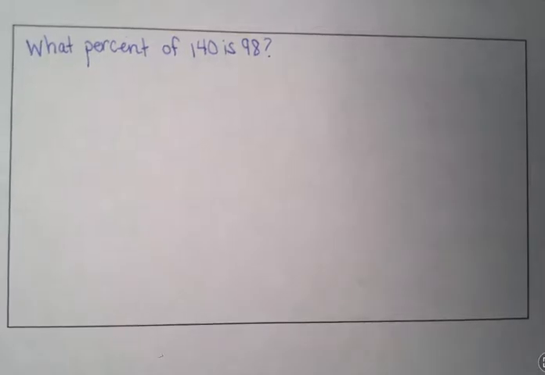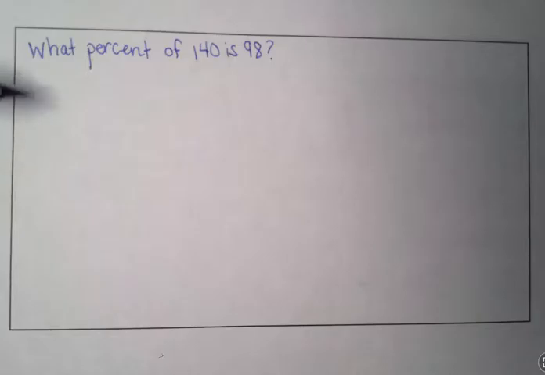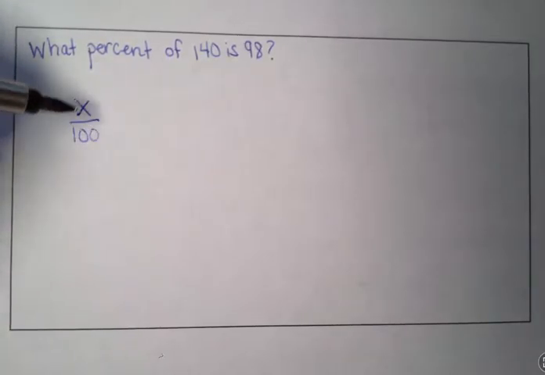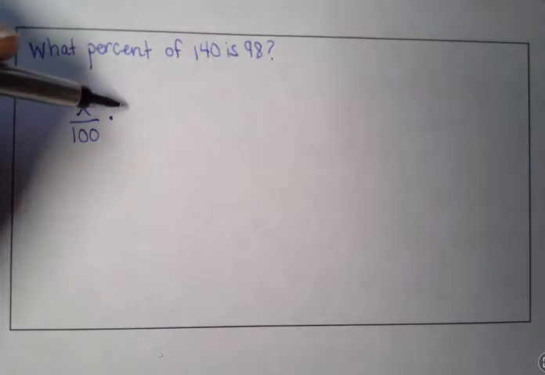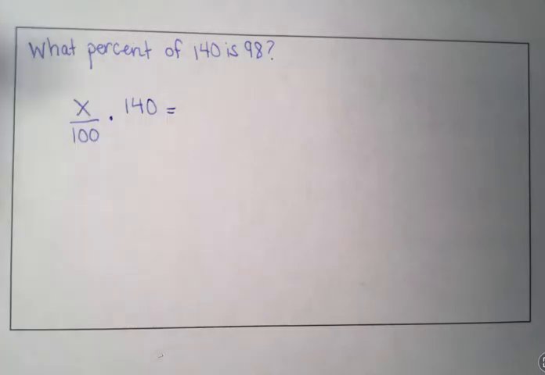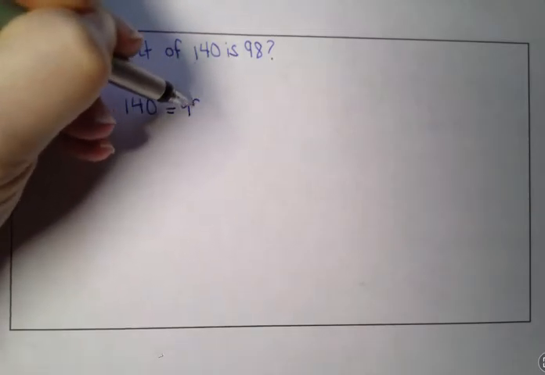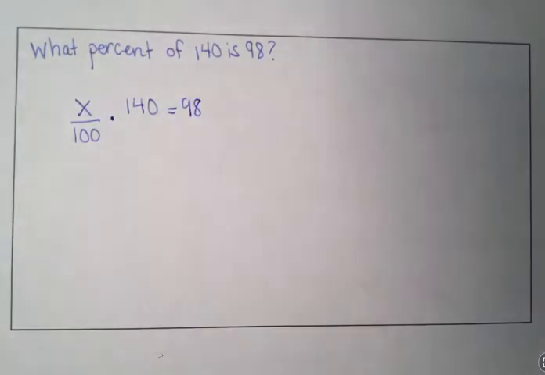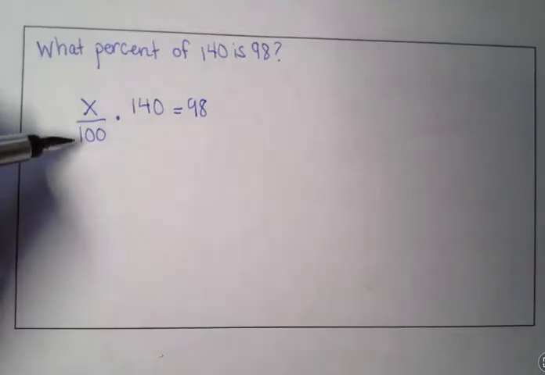So if you did this problem correctly, you would do what percent, which means what number over 100. So x over 100, of means times, so you multiply by 140, and then is an equal sign, and then 98. So I set my problem up like this, and now, since I'm multiplying fractions, I can cancel the 10 and the 140.